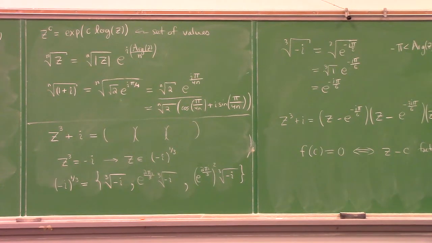You said the root should be f of c. That'd be minus i. Minus i times minus i times minus i is minus i. My point is, if I take minus i and I cube it and I add i, I don't think I get 0. That gives you minus i.